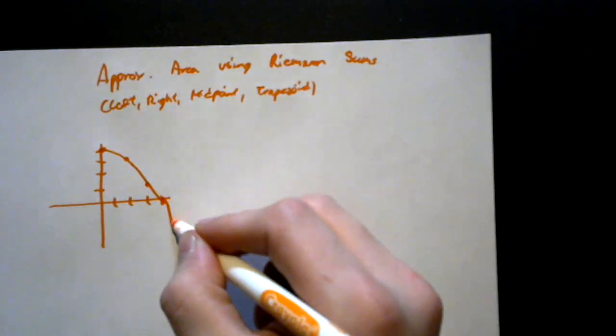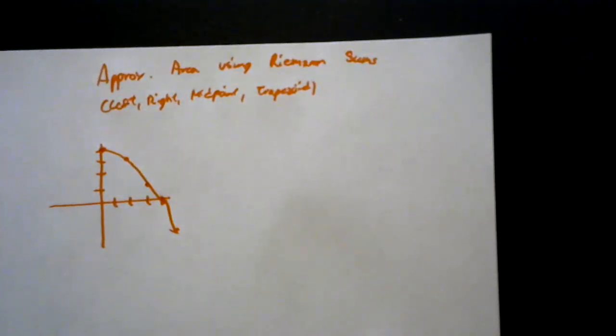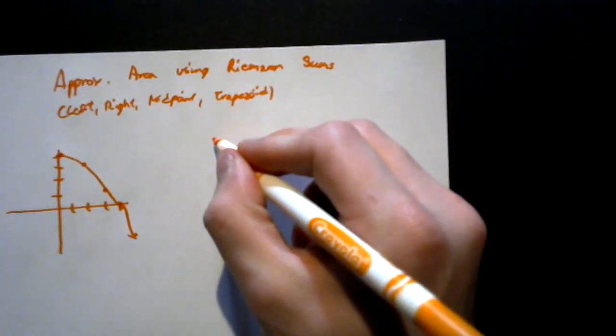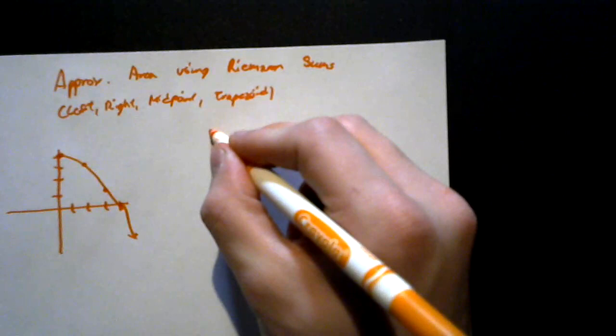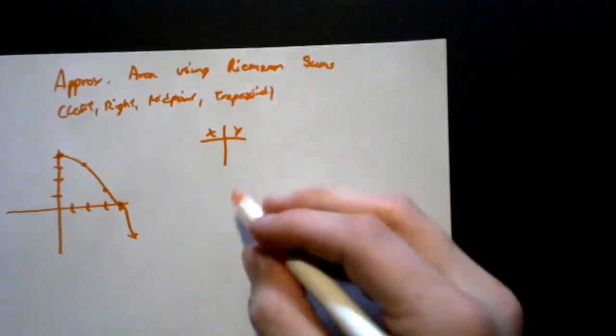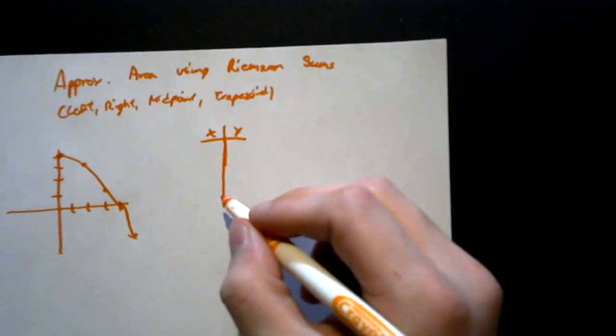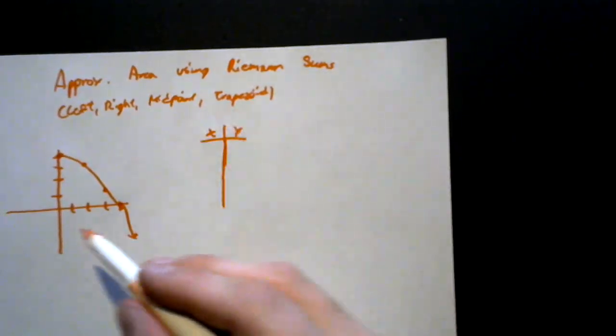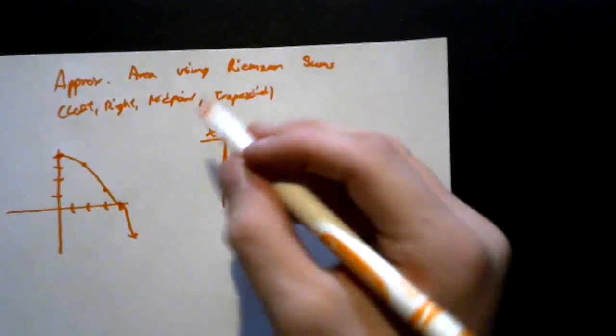Something like that. It's a weird looking graph, but it'll do. Let's just give ourselves a little table. So we'll have our x values and our y values.